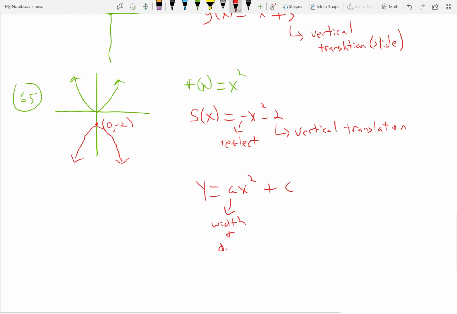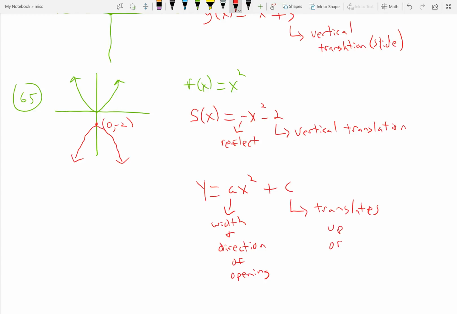If it's negative, it opens down. And this c will slide it, translate, slide it up or down.